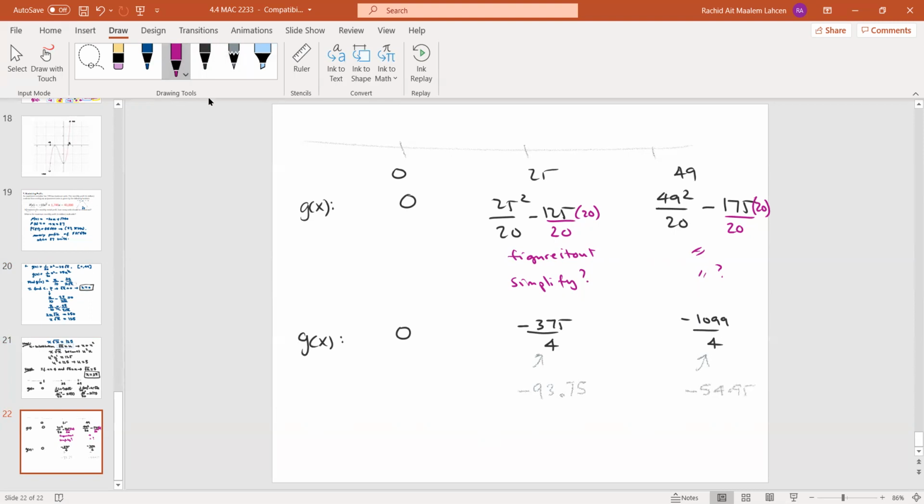So the lowest point, negative 93, compared to negative 54, is this one. And the highest point is this one. So this is the absolute max, and this is the absolute min for this problem.